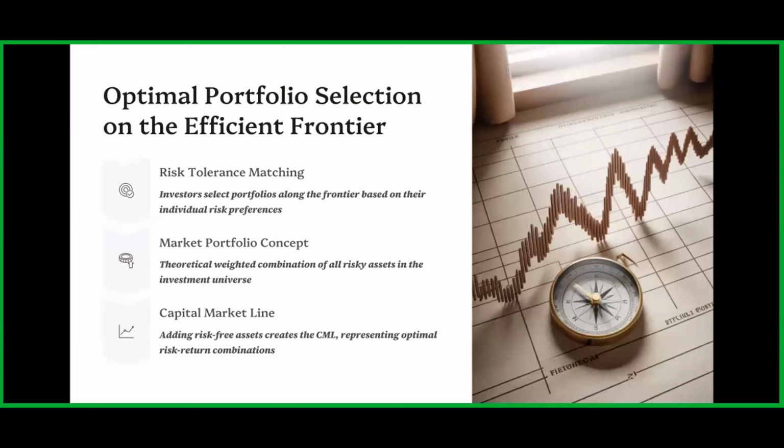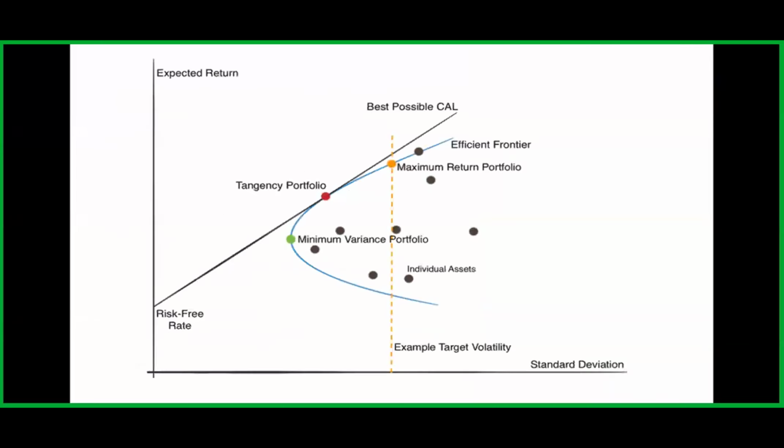Next is the capital market line. Adding the risk-free asset creates the CML, representing the optimal risk-return combination. In the graph, there is a straight line, an upward sloping line from the y-axis.